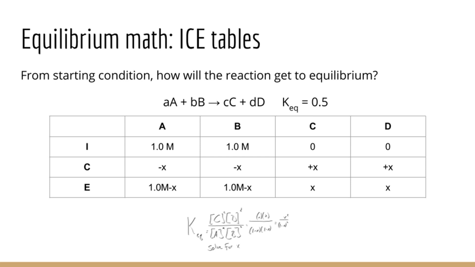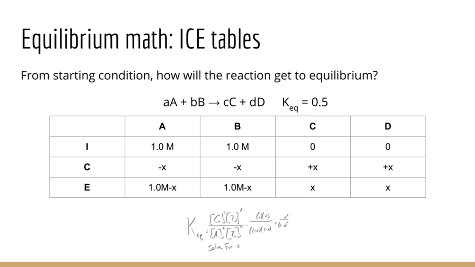So x to the 1 times x to the 1 divided by 1 minus x to the 1 times 1 minus x to the 1, or x squared over 1 minus x squared. And then you solve for x. In this case, KEQ is equal to 0.5, and it's not a particularly nasty quadratic equation to solve.